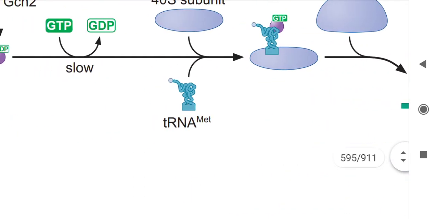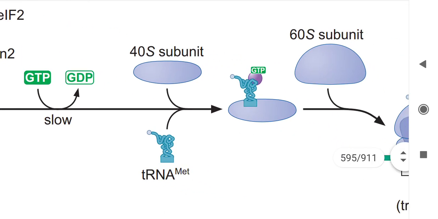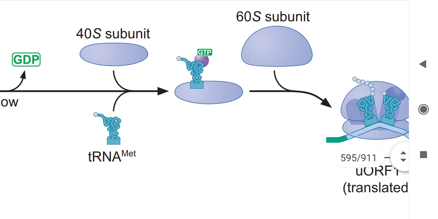So when there is less amino acid available, then eIF2 gets phosphorylated, which will reduce the binding affinity with the ribosome. Also there is less charged initiator tRNA available, not fully unavailable, but less available.